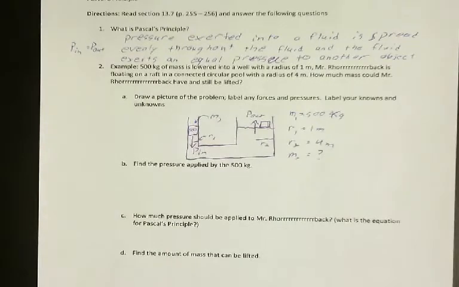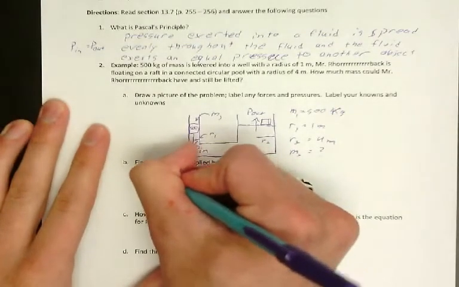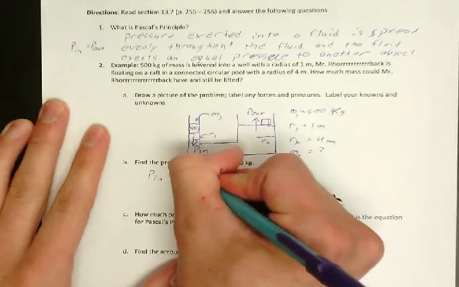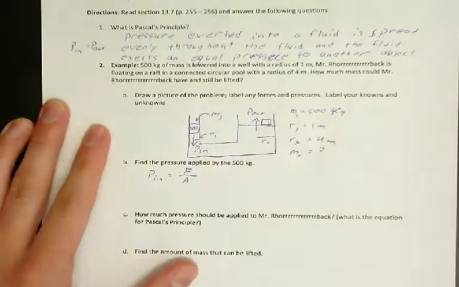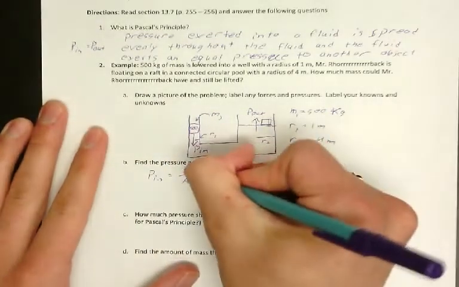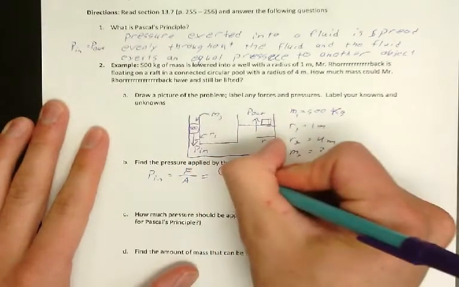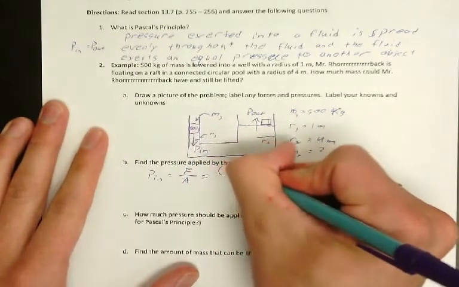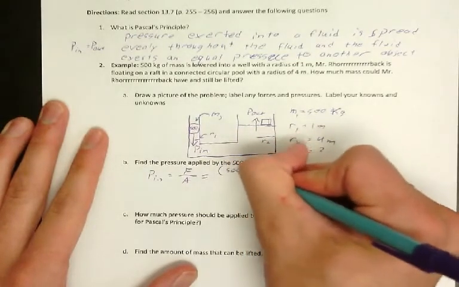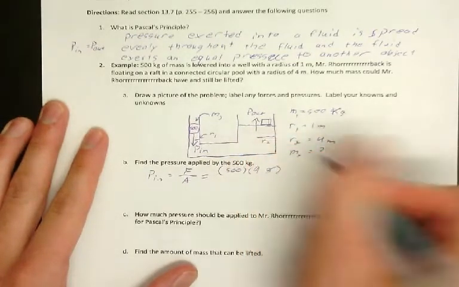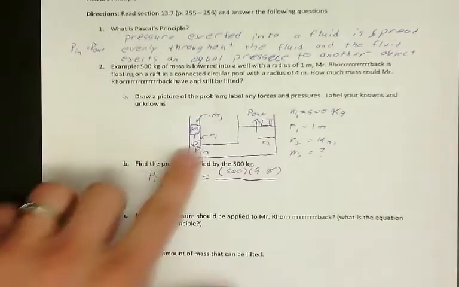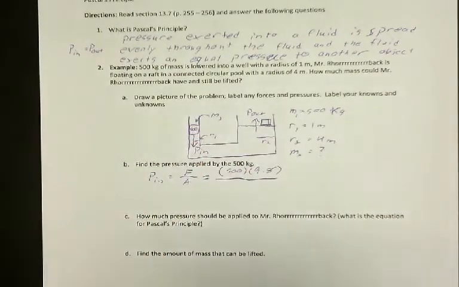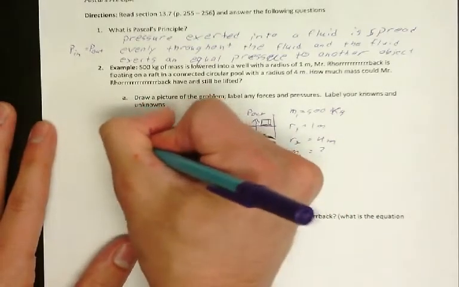Okay, first thing we need to do is find the pressure applied by the 500 kilograms. So that's going to be my pressure in. Pressure equals force over area. So I'm applying a force of mg. It's the weight that's pushing down. So the mass is 500, g is 9.8, and I do it over an area of whatever this is. It's a circular well. Area is pi r squared.